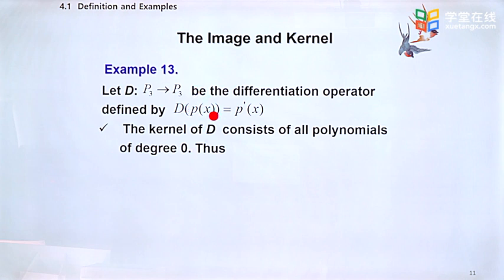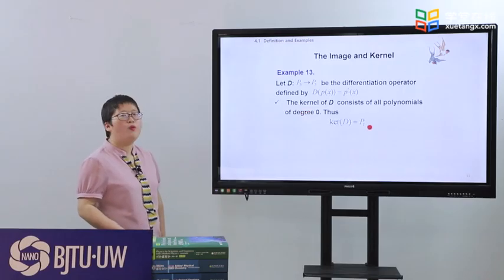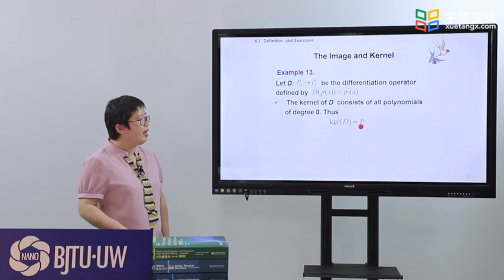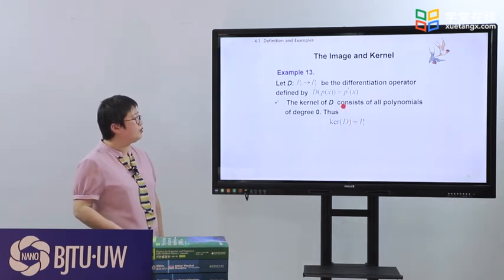Because if P(x) is a constant, then you take the first order derivative, it is 0, right? So the kernel of D consists of all the polynomials that are constant. Thus, the kernel of D equals P1. P1 means the polynomials with degree less than 1, so it's a constant, degree 0.